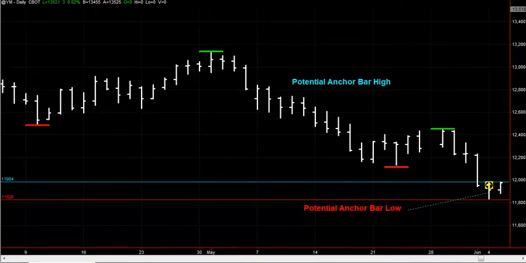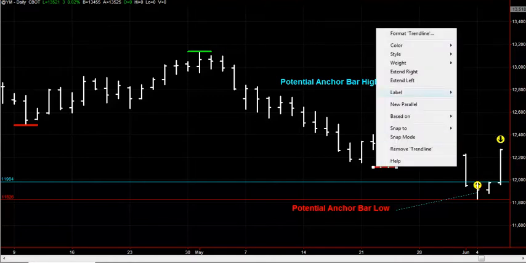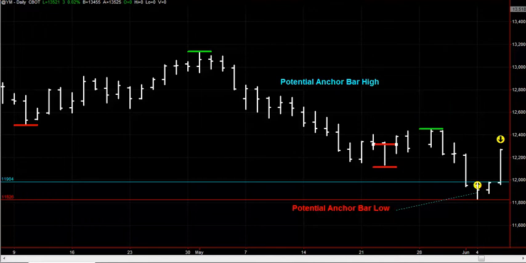Okay, so we continue, and bang, see, we get a close right there, which is above this line over here, and now we can crown that anchor bar as the new anchor bar low. So now we're looking for a high, and remember that the anchor bar high has got to be actualized before it becomes a high.